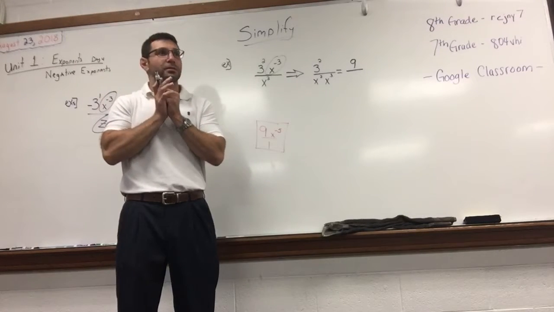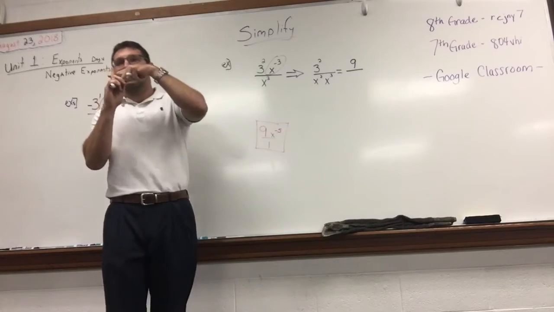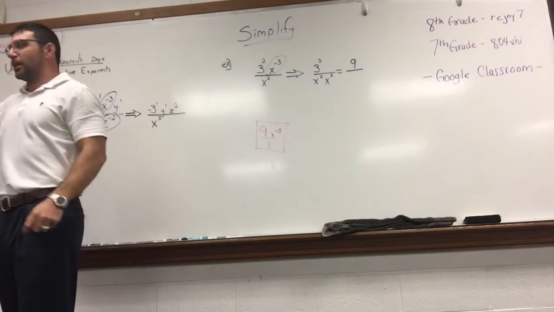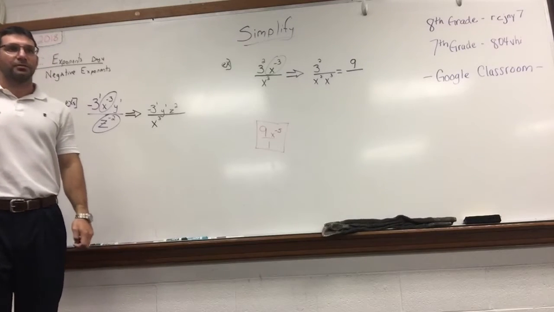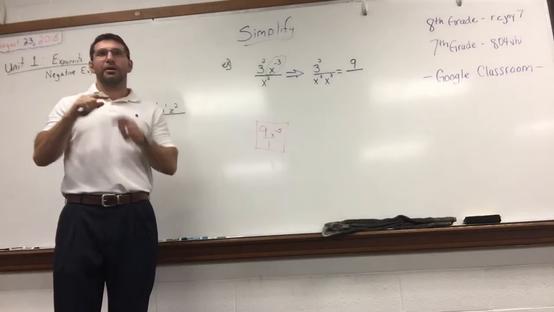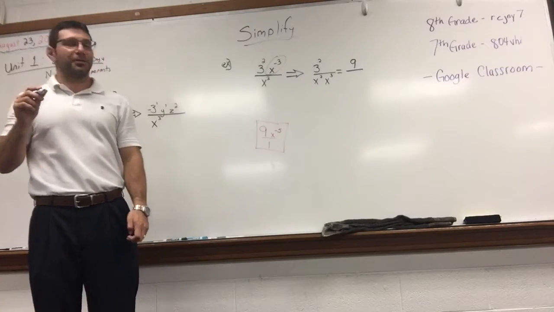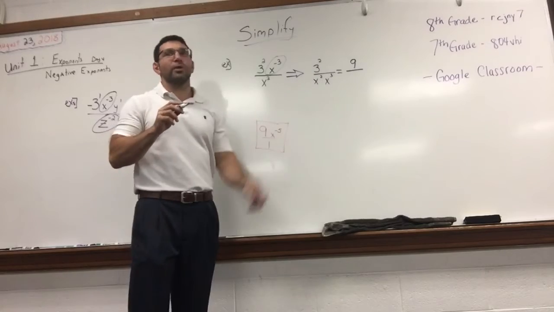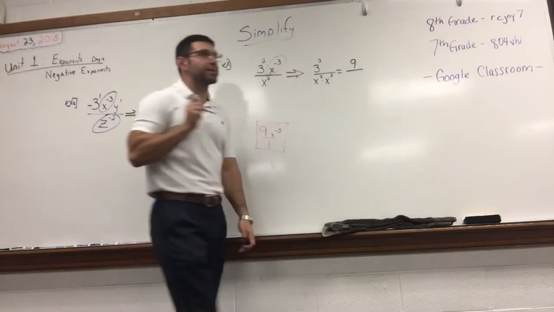Now, when we move this x down here, x squared, x to the third, when we have variables next to each other, who remembers what operation it is? Show me with your fingers. Is it plus? Is it minus? What are we doing? Are we adding them? Are we multiplying? Or are we subtracting them? When there's a variable right next to another variable, it means multiplication.